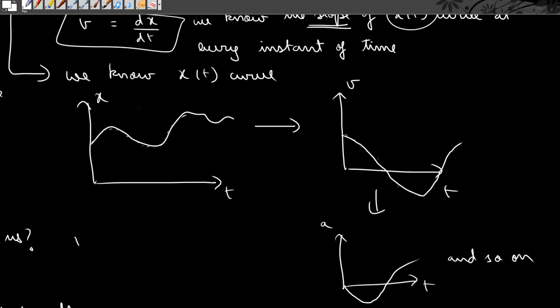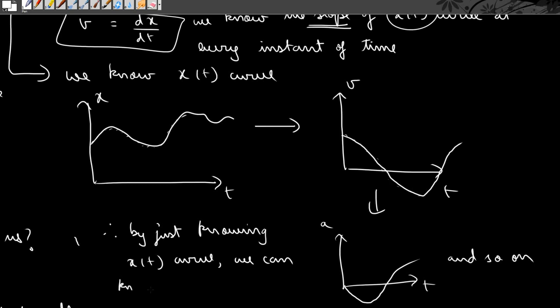So therefore by just knowing the xt curve, we can know the vt curve, at curve, and so on.